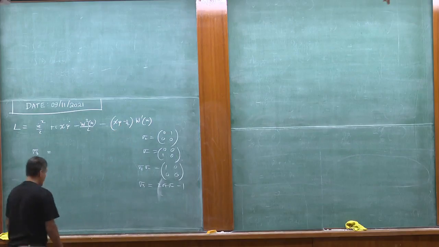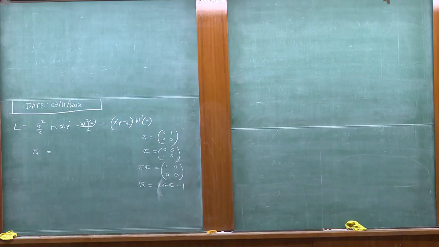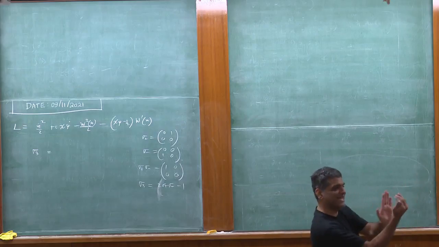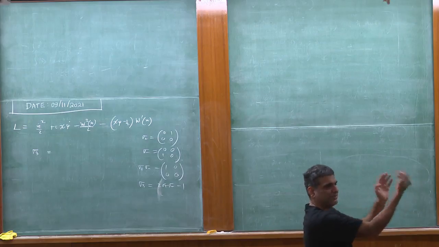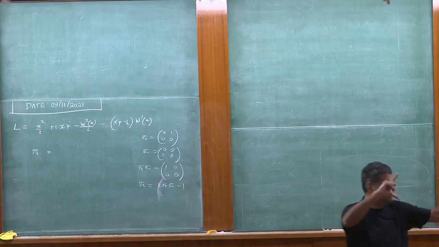Now, we could have instead ordered all our operators such that psi was to the left rather than to the right. Once again, we would have got a discretization of the same path integral, except that where we had psi on the right, it would have been replaced by psi on the left. You remember we had psi's on both sides.